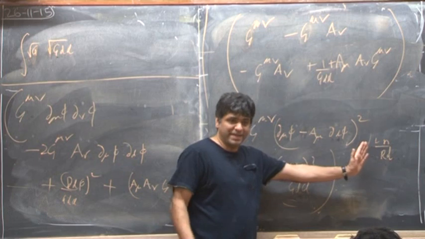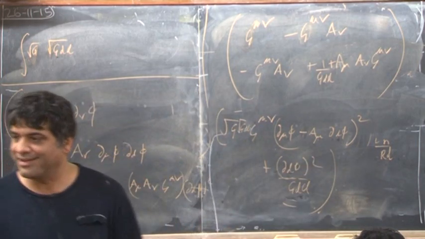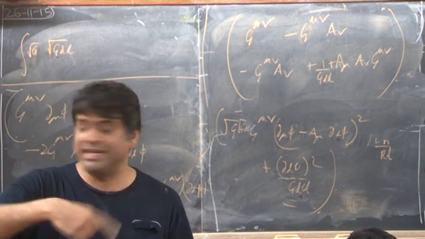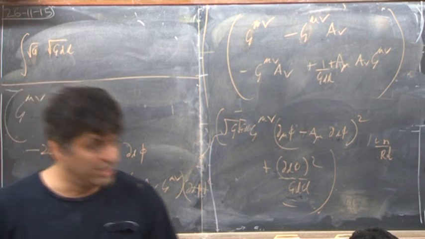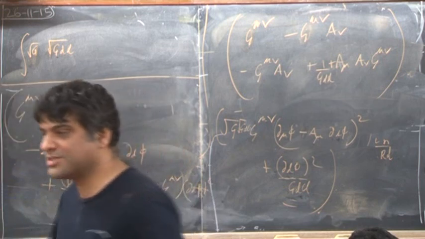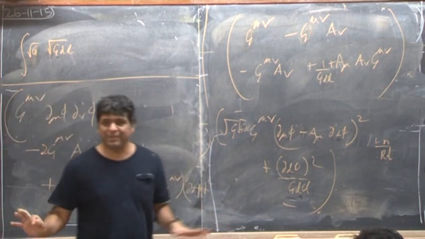Kaluza-Klein reduction in this space of a scalar field, and this is qualitative, applies to every field, gives you particles that are increasingly high mass, but also increasingly high charge under this Kaluza-Klein gauge field. Okay? Any questions or comments about this?